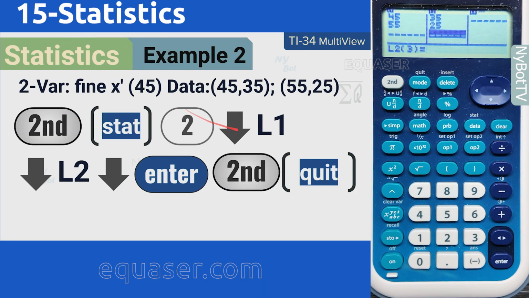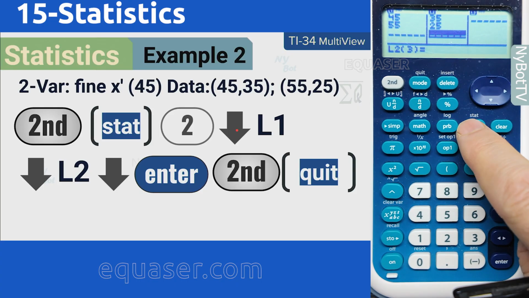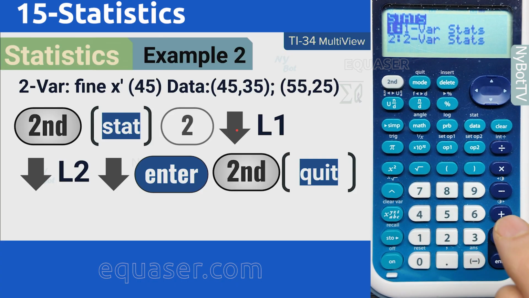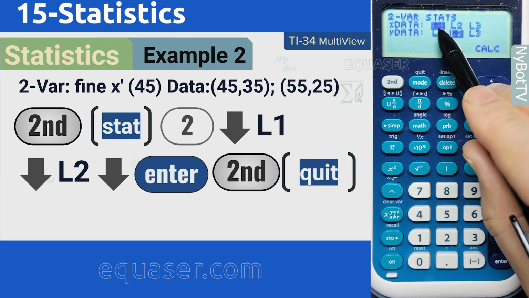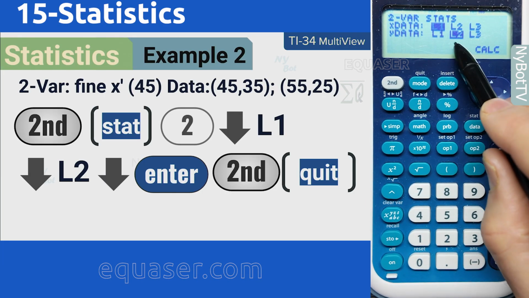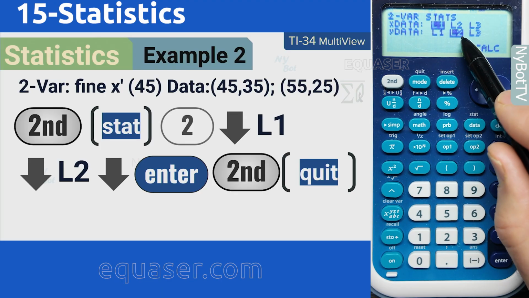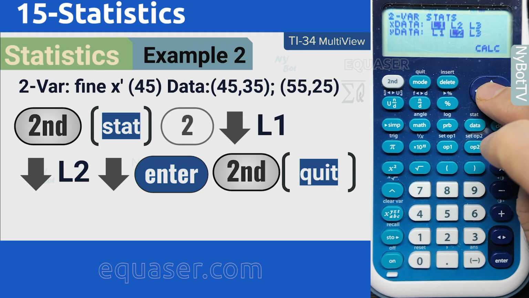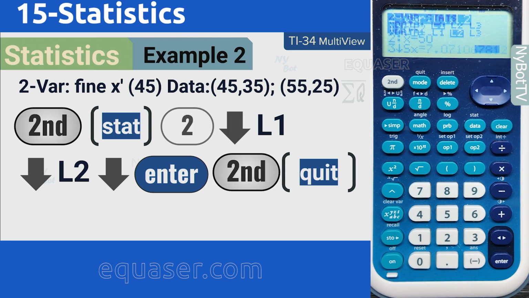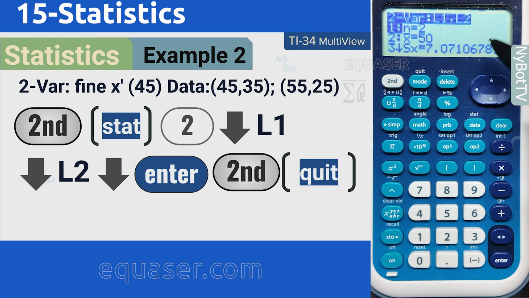Now let's do some calculation. Second function, stat. This time, because we have two variables, press 2. You see L2 has been selected because the frequency is in L2. So L1 is data, L2 is y, and then come down to calculation, press enter, so the calculation is done.